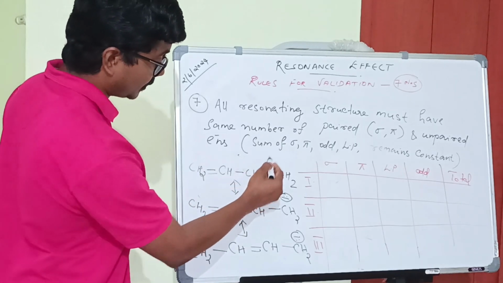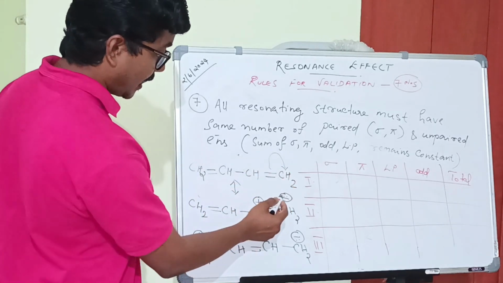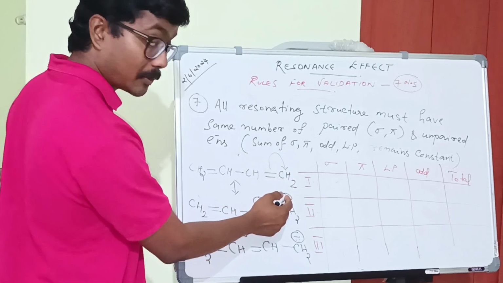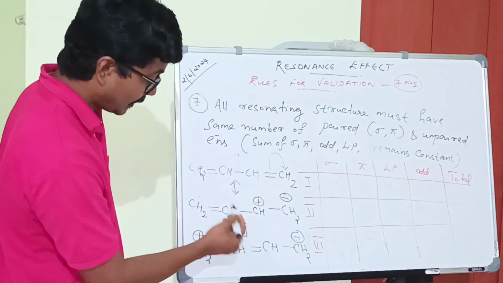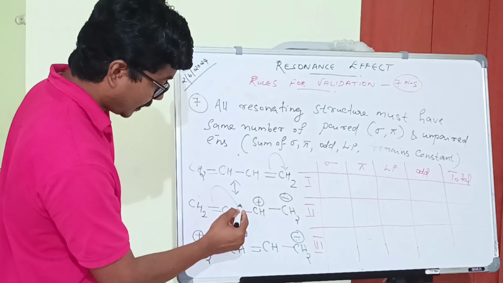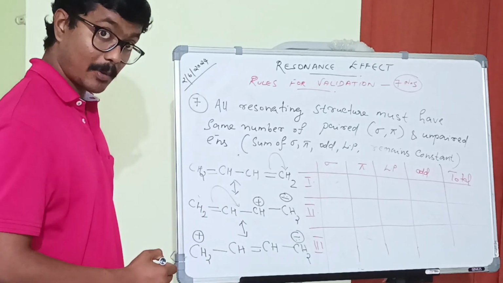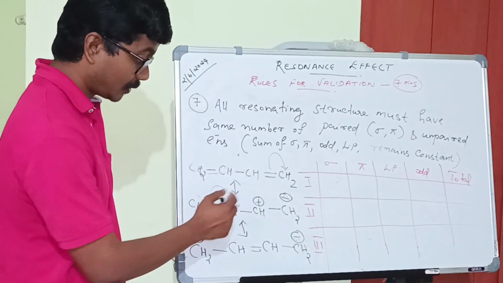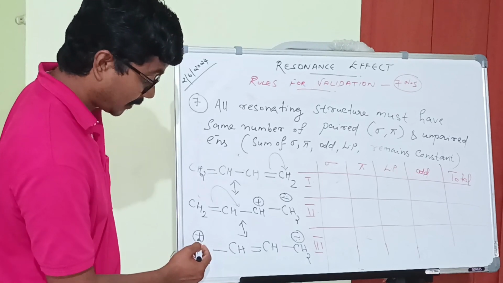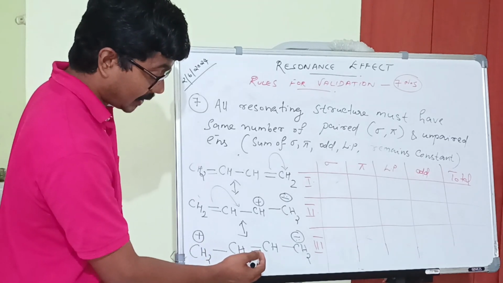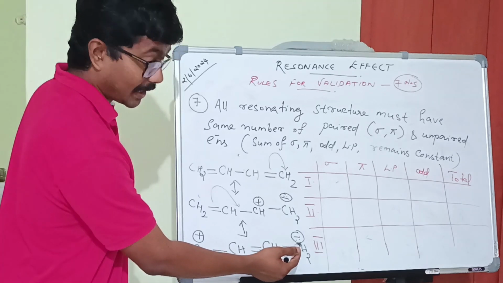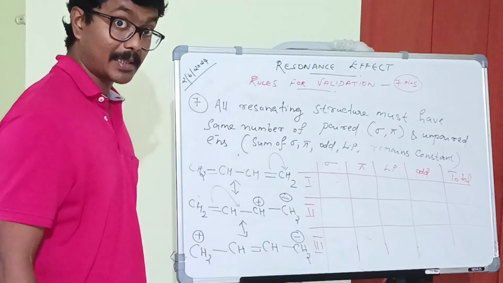First, this will move to here, and as a result, a negative charge comes to the terminal carbon, and a positive charge comes here, and then this will move to there. The pi bond will again shift to the single bond. As a result, a positive charge comes to the terminal carbon with a double bond there, and a lone pair and a negative charge on the other terminal carbon.